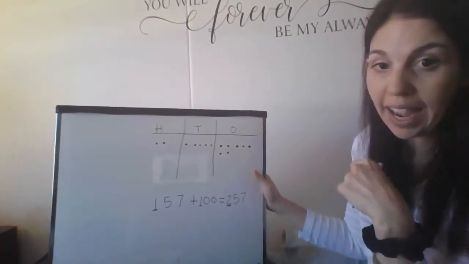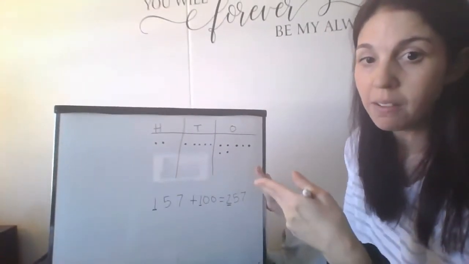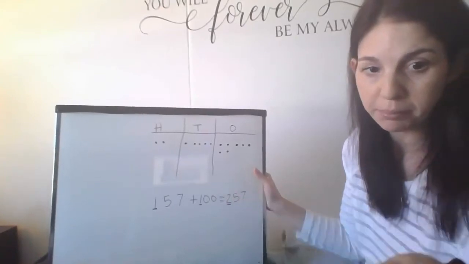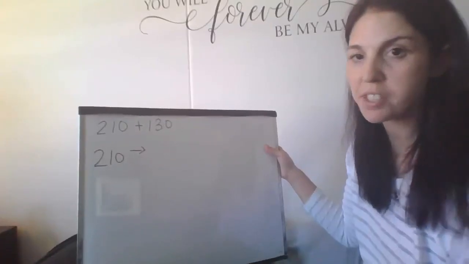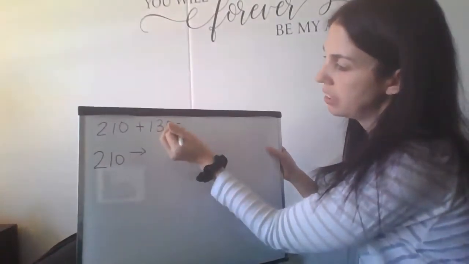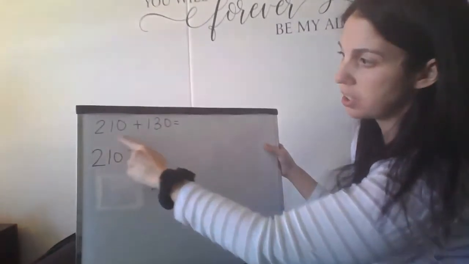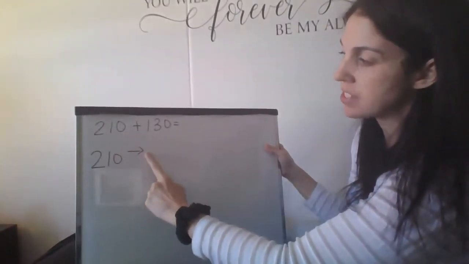We're going to look at how we can use this idea of plus 100, plus 10 to do an addition problem. So here's our first problem. 210 plus 130. We're going to use our arrow method. So we're starting with 210. We have this arrow.